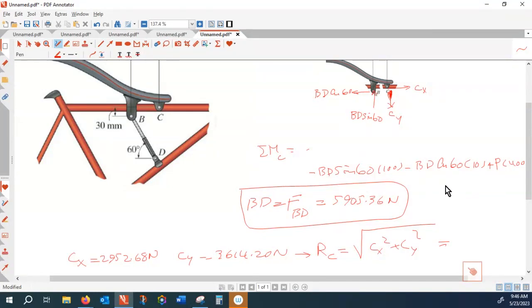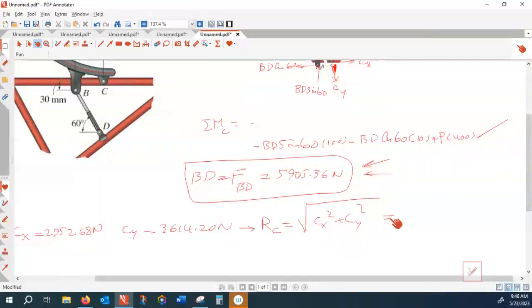Okay. I have the value of FBD. Also, to find the value of force at C, I find a total resultant that is 4666.98 Newton.